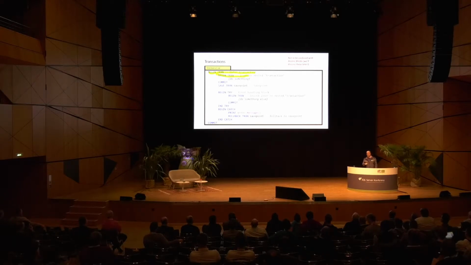It doesn't actually exist, and I will prove it to you. Because when we create a transaction, the transaction counter goes to 1. If we then do another begin tran, can anyone tell me what the counter then goes to? 2, perfect. So you'd think nested transactions do exist. Well, I will hopefully prove to you that's not the case.